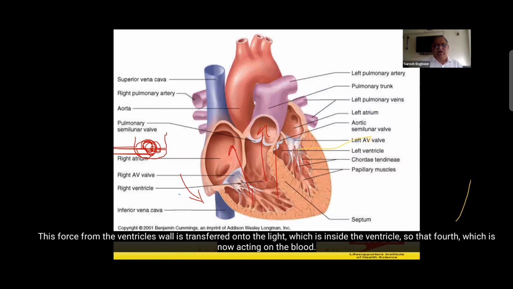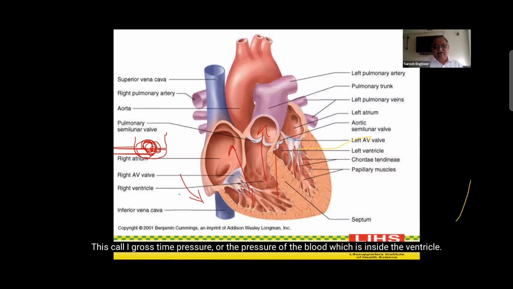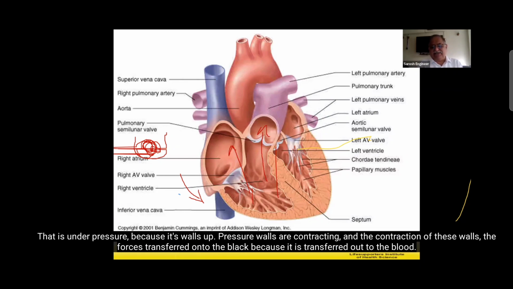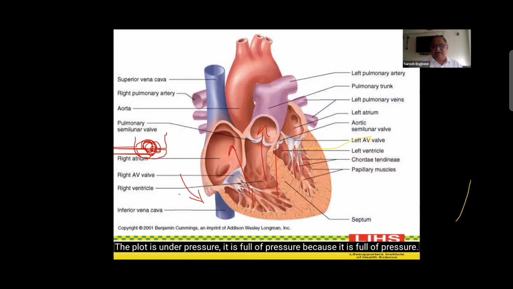This force from the ventricle's wall is transferred onto the blood inside the ventricle, so the force now acting on the blood is called hydrostatic pressure, or the pressure of the blood inside the ventricle. It is under pressure because its walls are contracting and the force is transferred onto the blood. It is full of pressure.